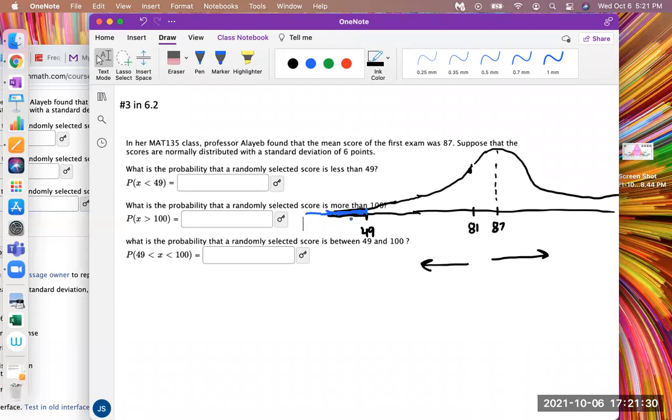So this is a little bit tricky, because you start thinking about it, where does this shading start? I'm looking out at the left side, asking myself, where does the shading start? And that's kind of a tricky question, because the shading is going on and on and on in this area.